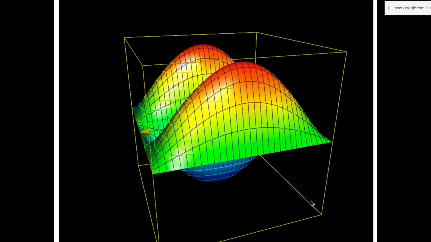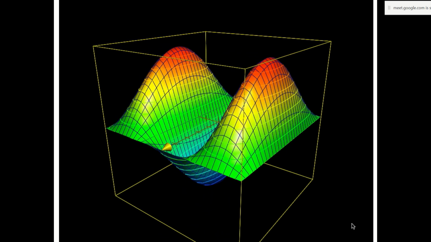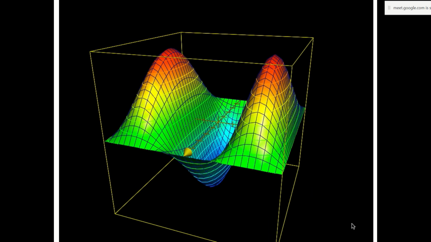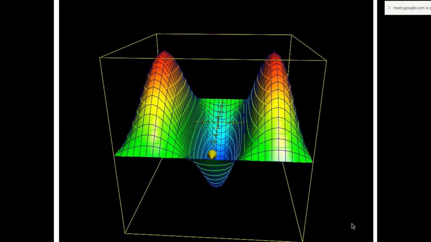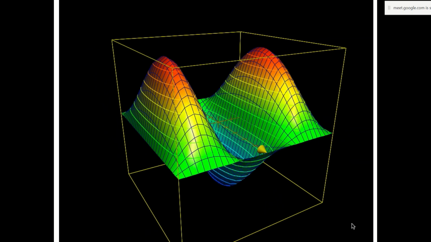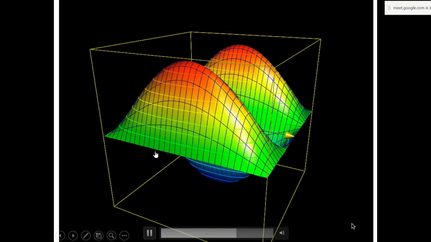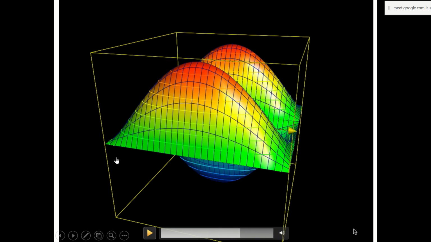3 1 means three half waves are fitted along x, whereas along y you have only one. So along y there is no node. See this? If I am looking along y, there is no node, so n2 is equal to 1. That means one complete half wave is fitted along y.